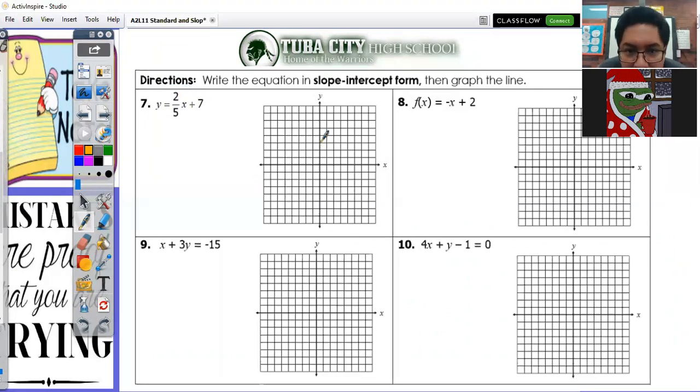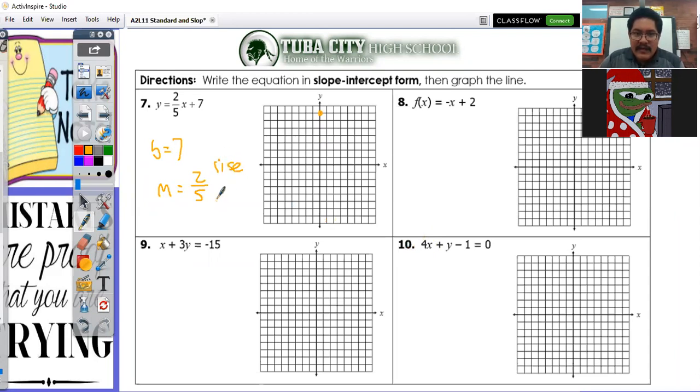So I'm gonna go ahead and move into 7, which I think is right there. So again, b is for begins. So b is 7 and m is 2/5. And if your m value is a fraction, that actually works a little bit better because it shows your rise and your run.